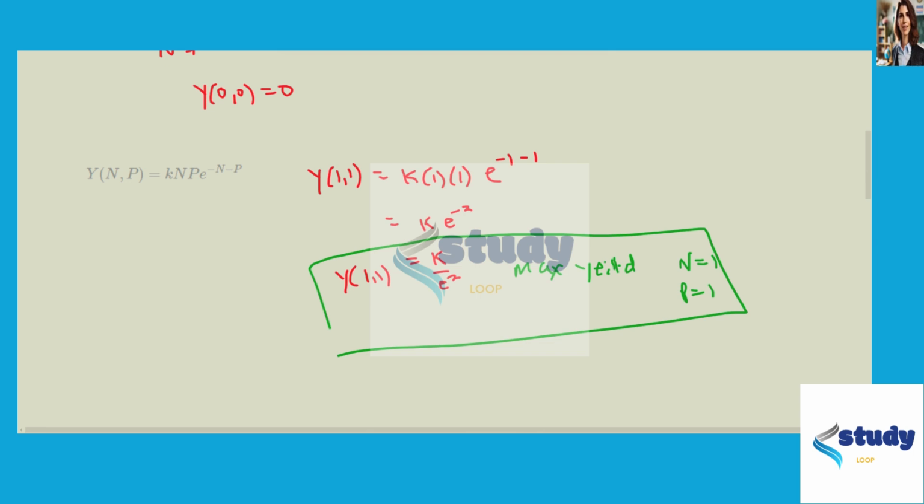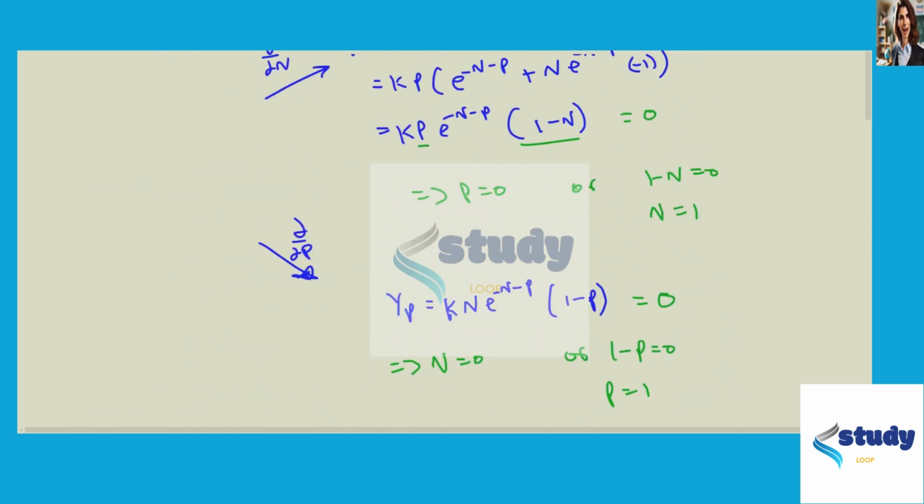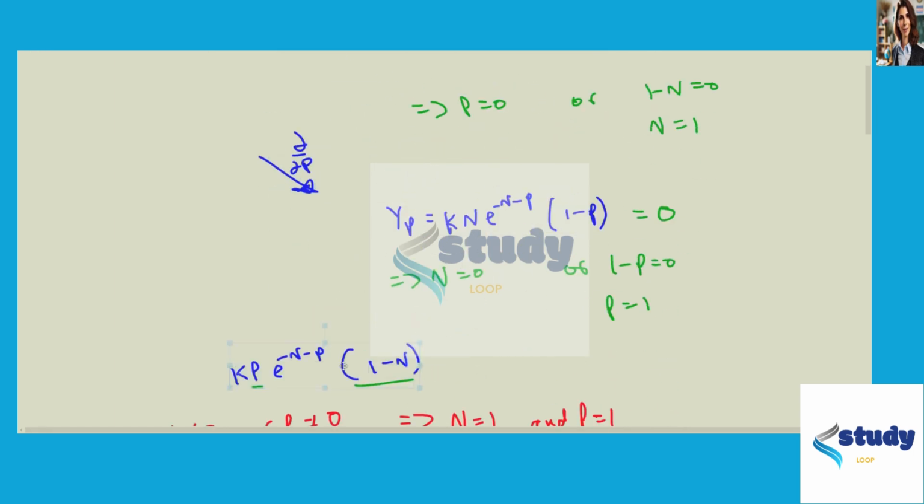But let's actually see if we can confirm that this will be a max. So let me come up here. Where's the derivative? Here it is. So this is supposed to be y n.